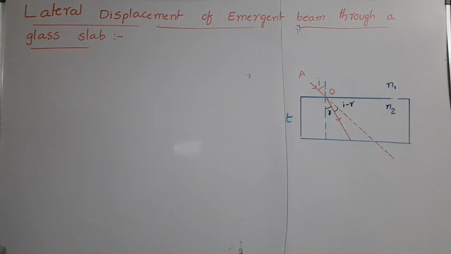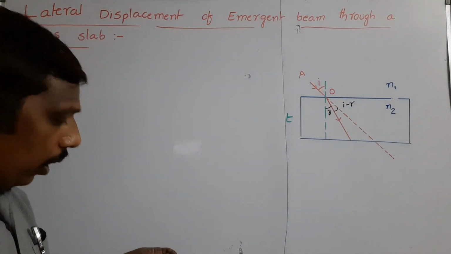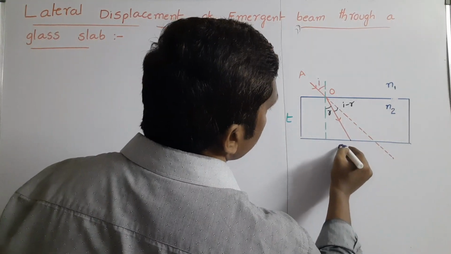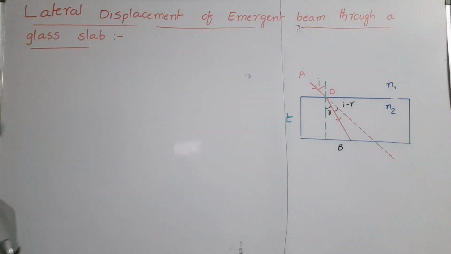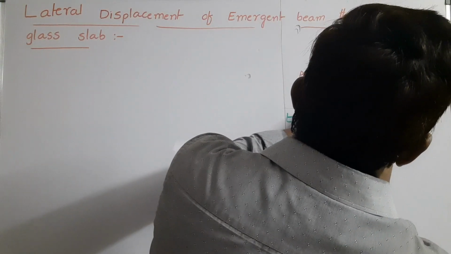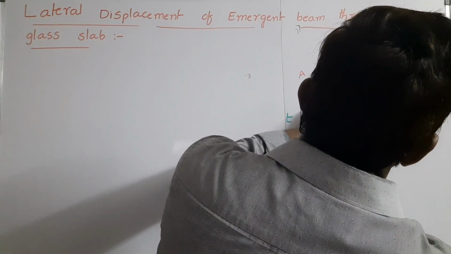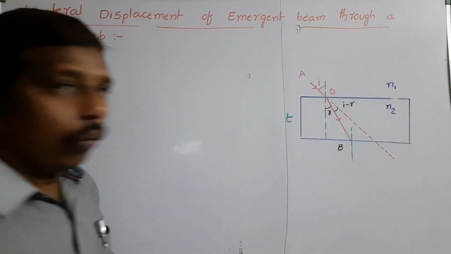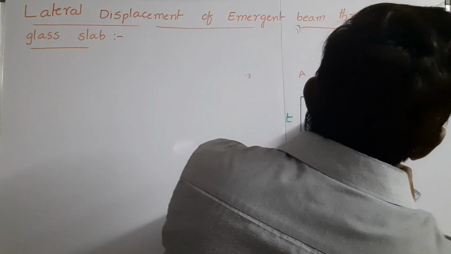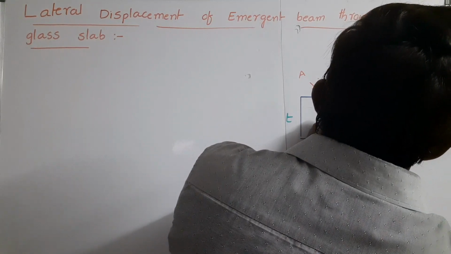It is incident at a point B on the other surface of the glass slab. This point is taken as B. Again at point B, we should draw one more normal. Now the light ray travels from the denser medium to the rarer medium, so it bends away from the normal, bent like this.